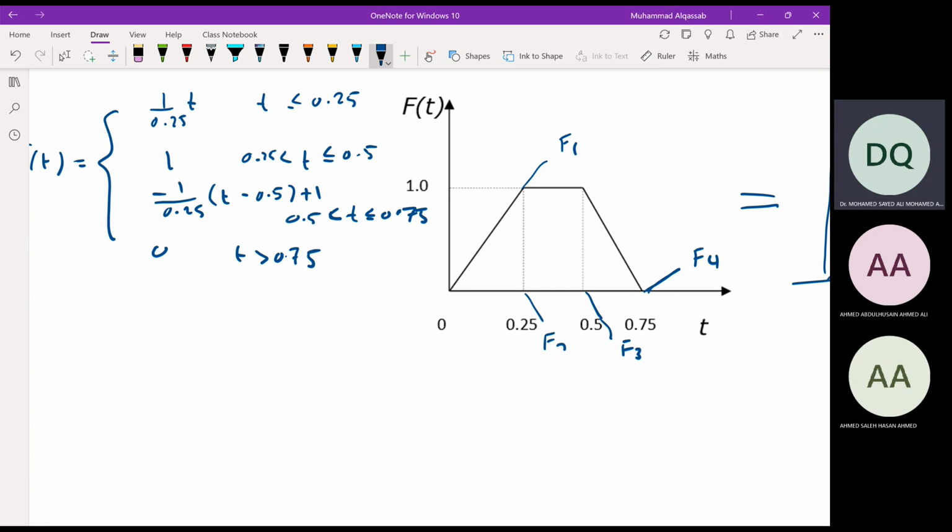So the first thing you will do is f1 is 1 over 0.25 t.